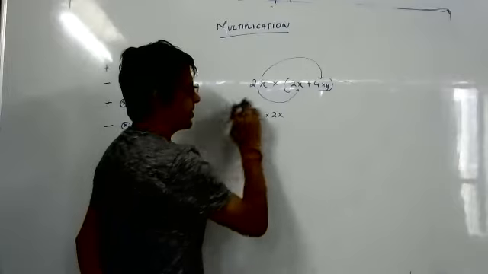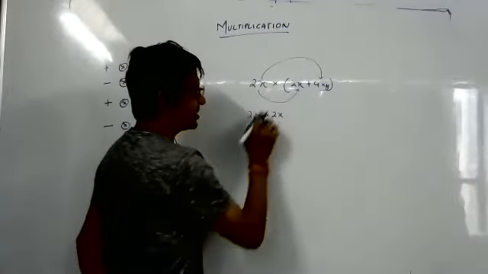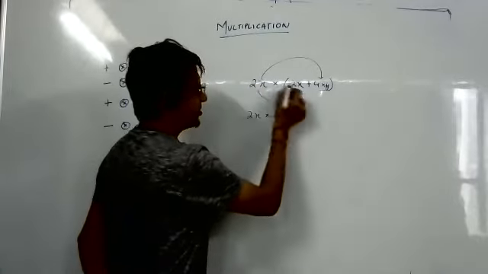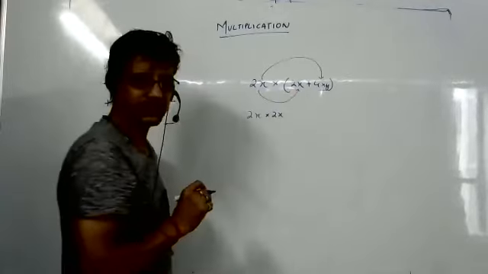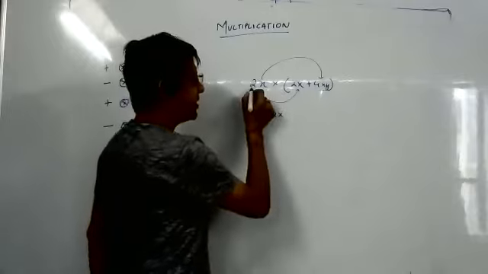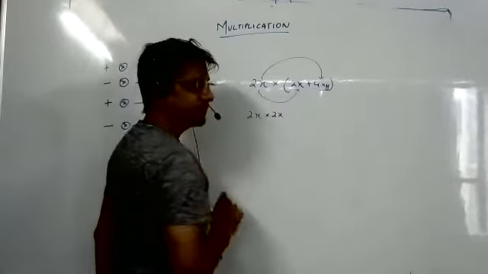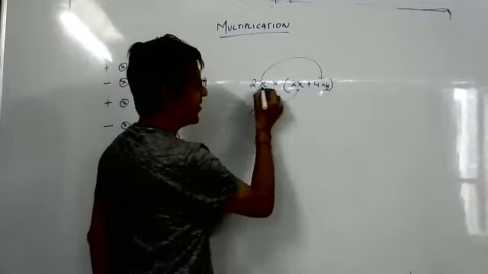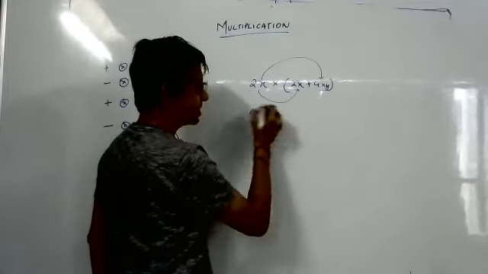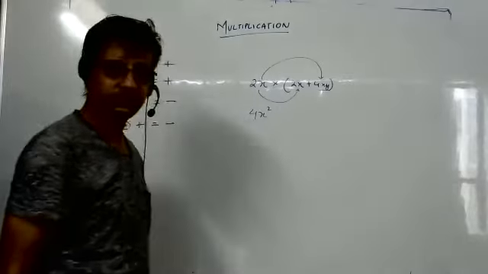Now when we are multiplying this into this, first we have to multiply the sign. Plus into plus is always plus. Then 2 into 2 is 4, so we'll write plus 4. x into x is x square. Correct?